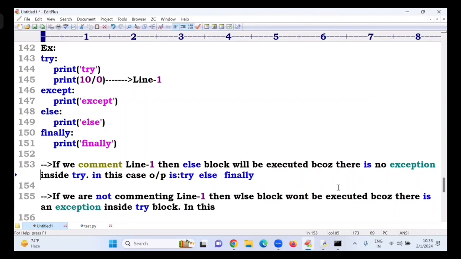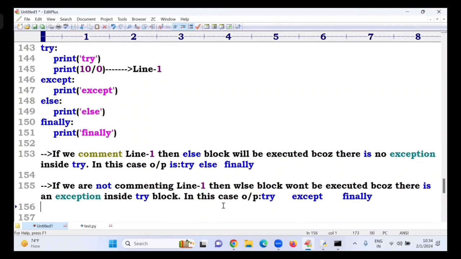In this case, the output is try, except, finally, sir. That is the story of exception handling.